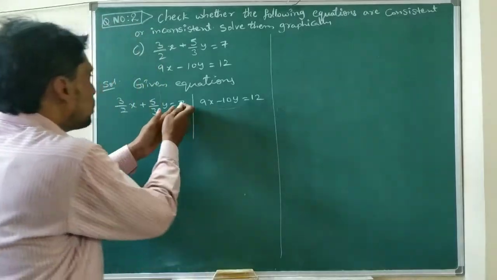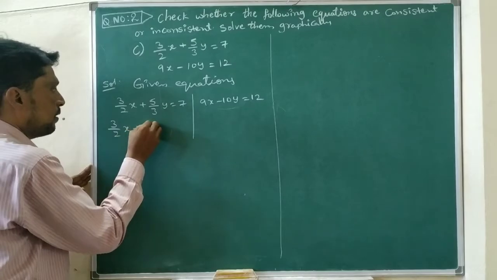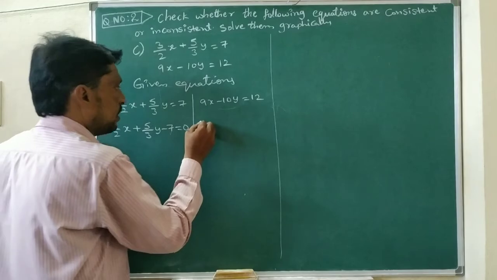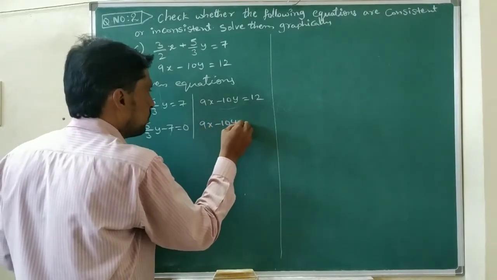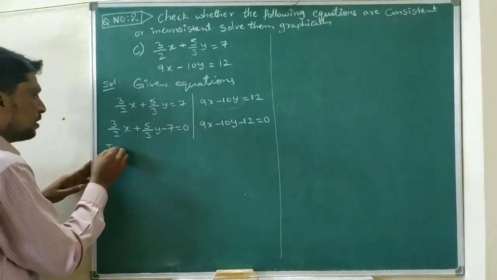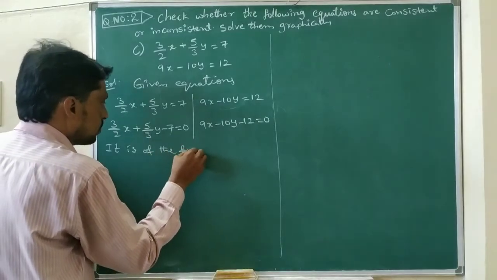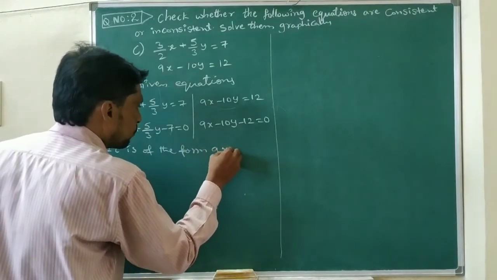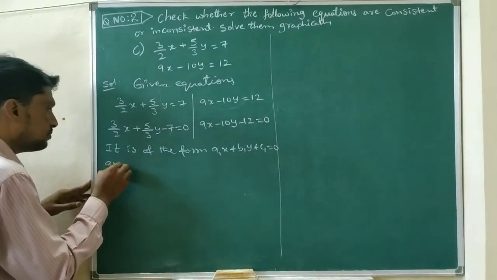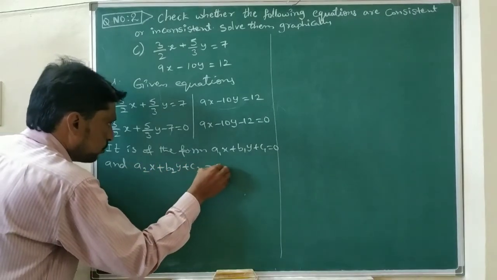So we transpose the constant to the left, and we get 3 by 2x plus 5 by 3y minus 7 equal to 0, and 9x minus 10y minus 12 equal to 0. So both equations are of the form a1x plus b1y plus c1 equal to 0 and a2x plus b2y plus c2 equal to 0.